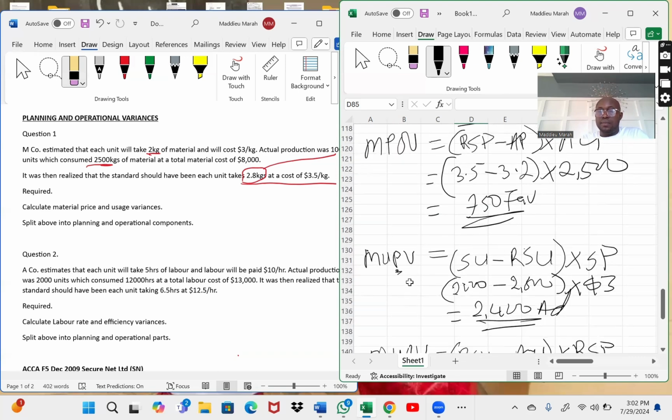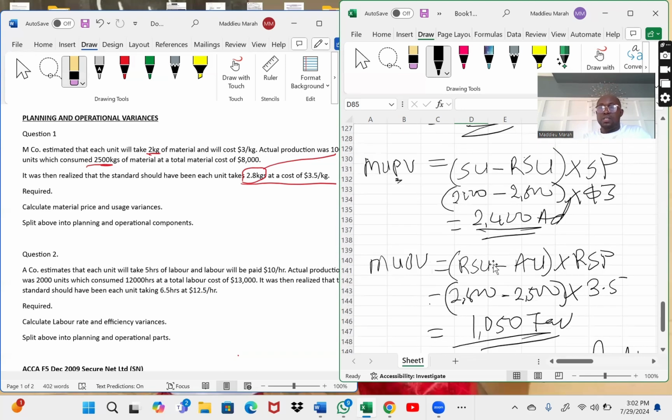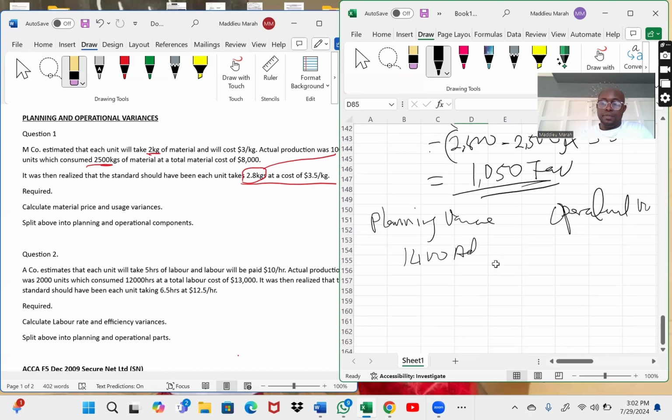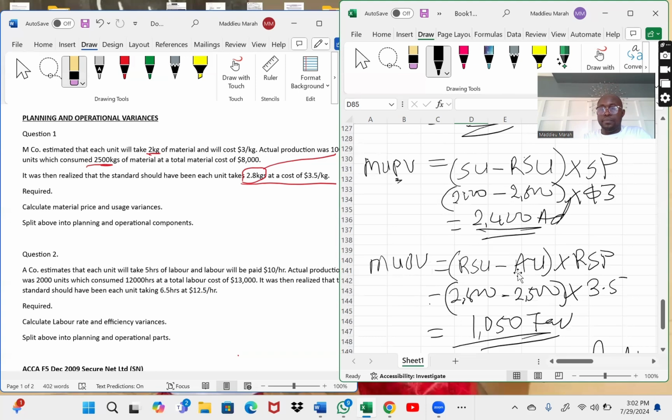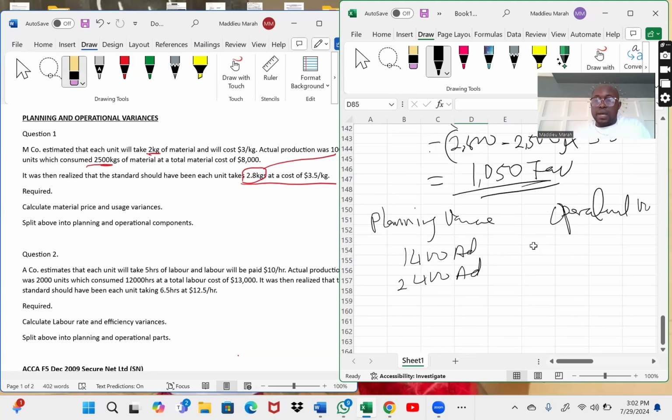Material usage planning variance, 2,400, adverse as well. So bringing the planning variances together, the total gives us 3,800 adverse.